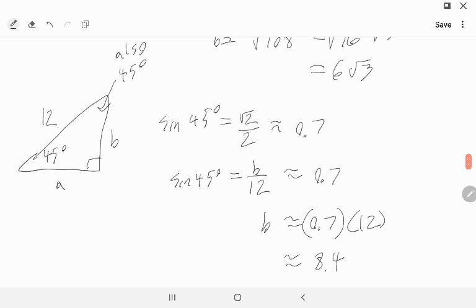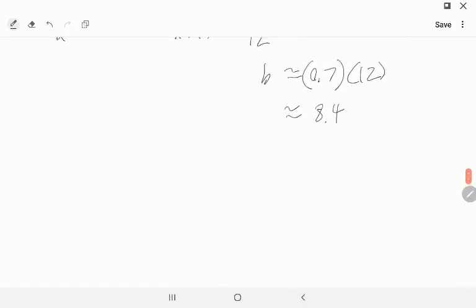And then our last standard trig ratio is tangent.